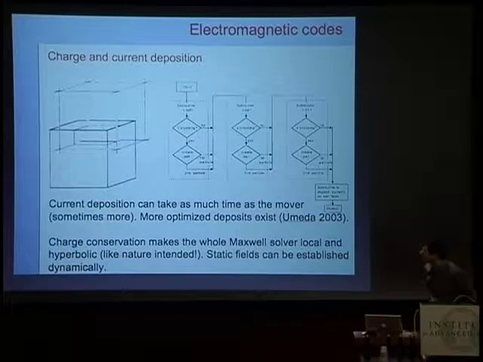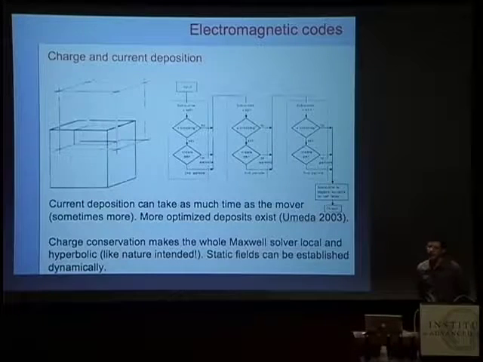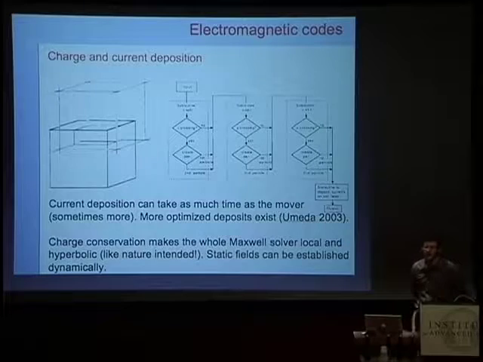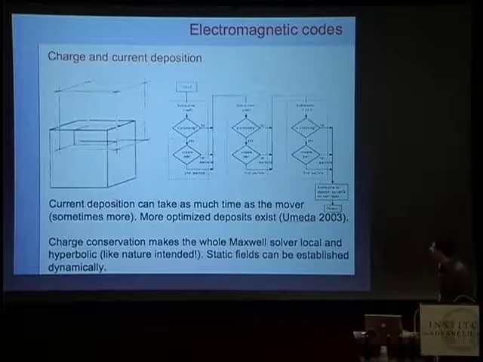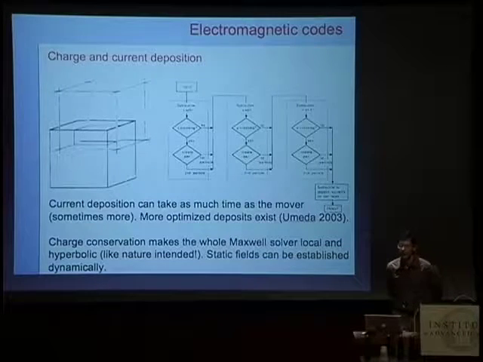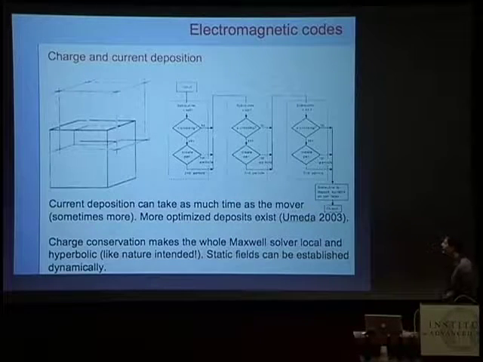If you just do a bilinear weighting, you will find that some of the charge got left behind. So the particle left the grid, but the charge was left behind. That's not good. That accumulates and gives you horrible errors and can lead to an instability.